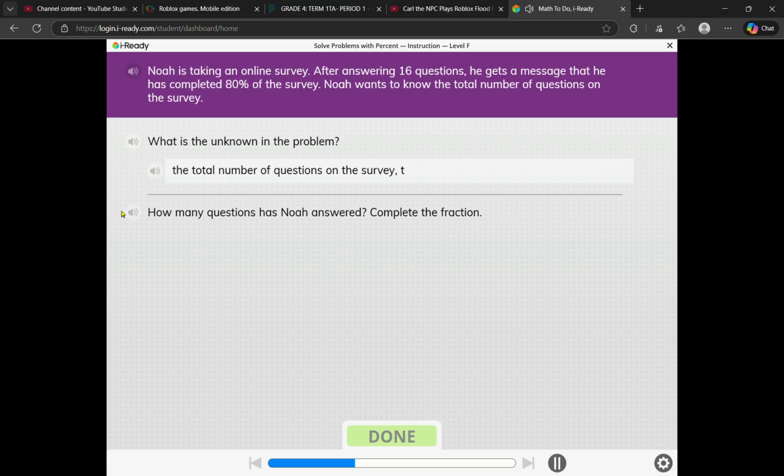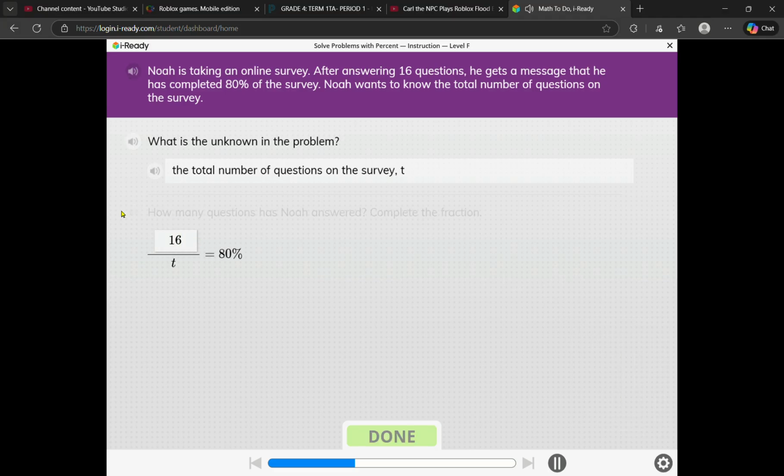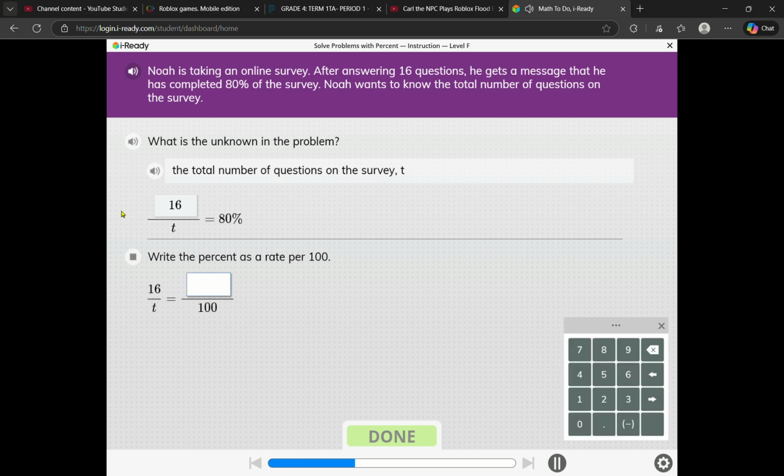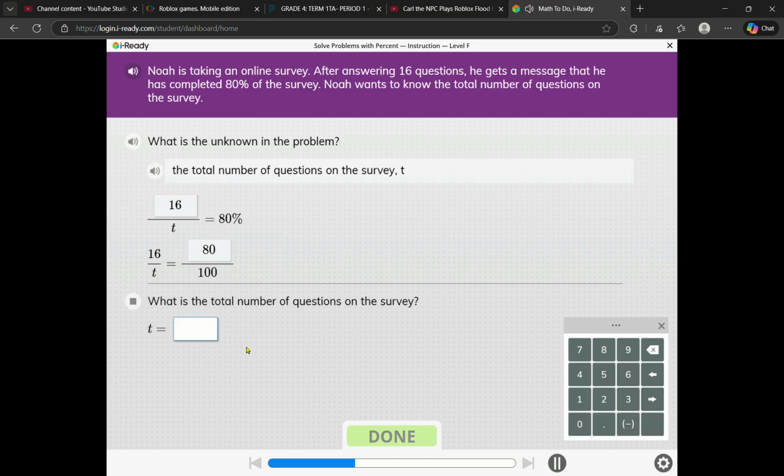Find T, the total number of questions on the survey. How many questions has Noah answered? Complete the fraction. Write the percent as a rate per 100. What is the total number of questions on the survey?